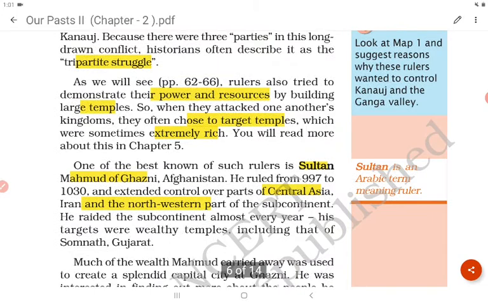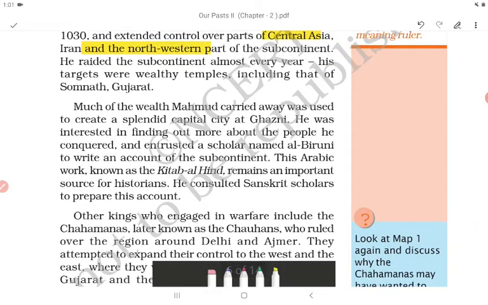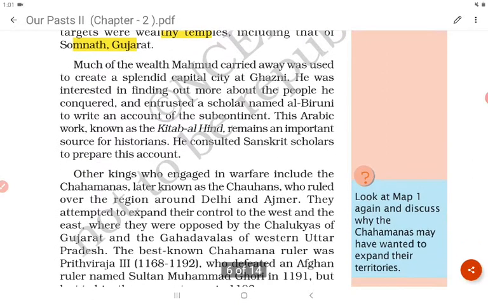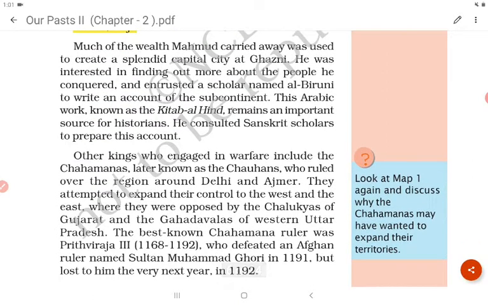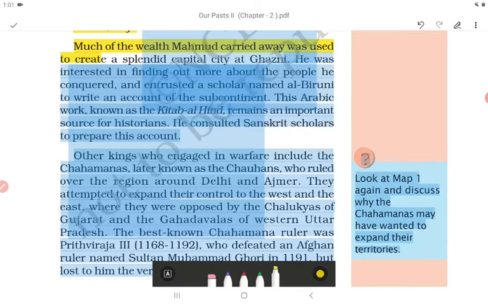He raided the subcontinent almost every year. His targets were wealthy temples, including that of Somnath, Gujarat. Much of the wealth Mahmud carried away was used to create a splendid capital city at Ghazni.